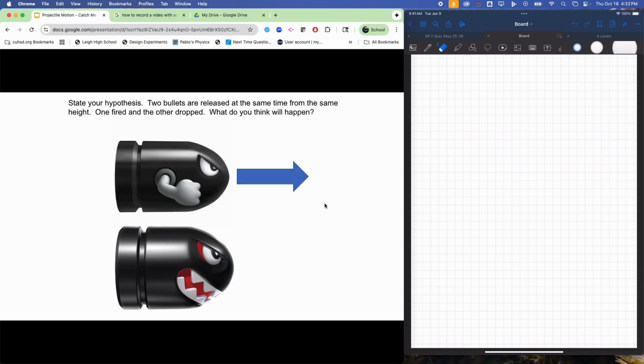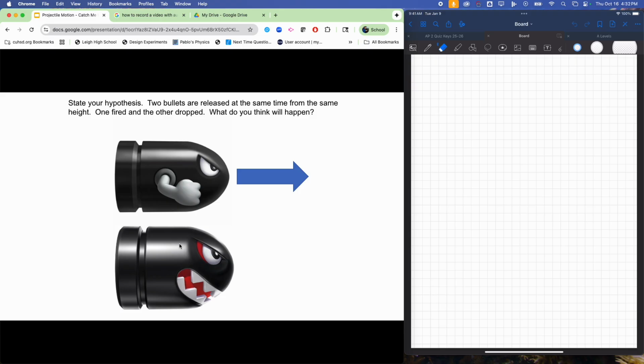Okay, so in class we hypothesized what we thought would happen when we had one marble that was dropped and another marble that was horizontally launched, and they both started off the same height off the ground. And so we discussed what you thought would happen.